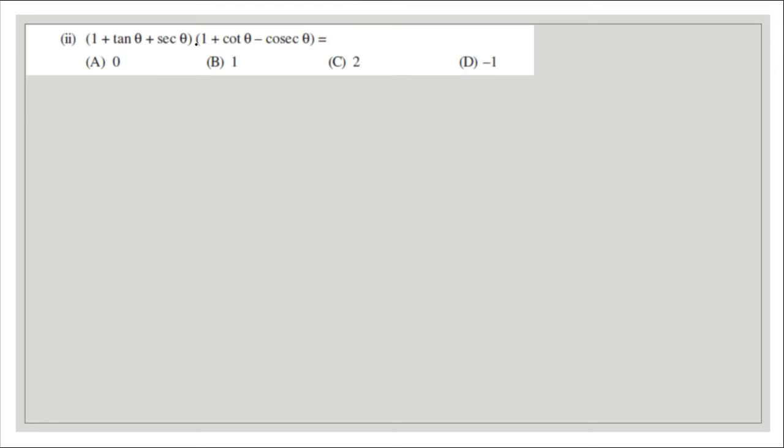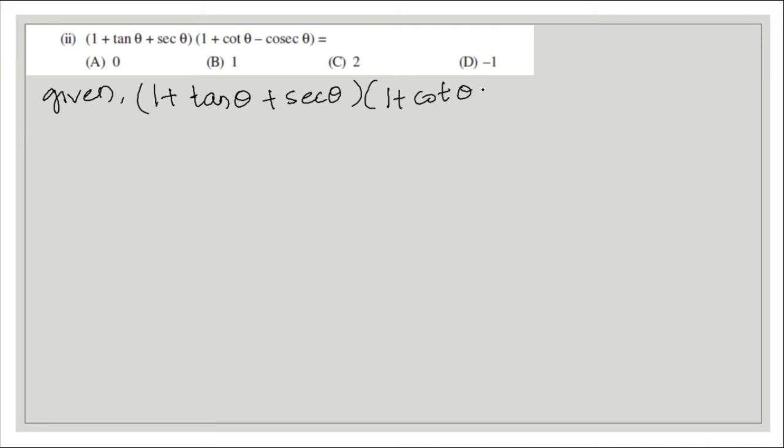Once it is multiplied, then I will express in terms of sine and cos, so that I may get some identity. So I'll take the given. The given is 1 plus tan theta plus secant theta to be multiplied with 1 plus cot theta minus cosecant theta.